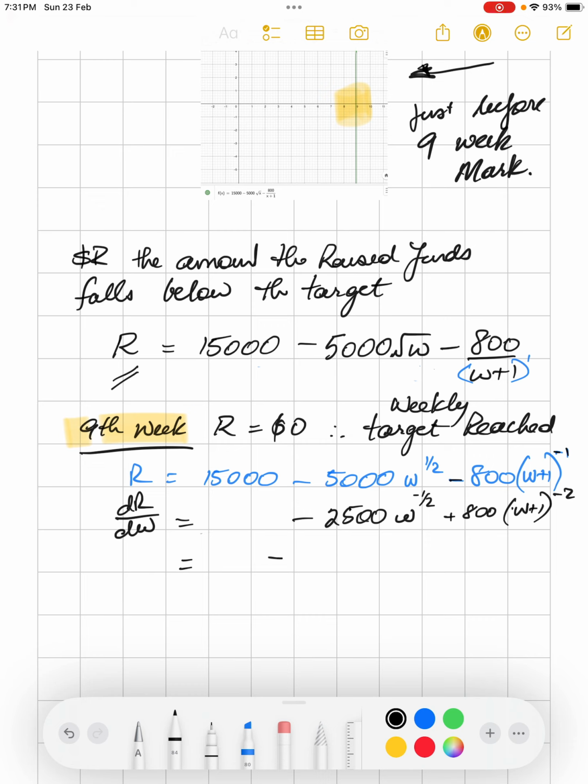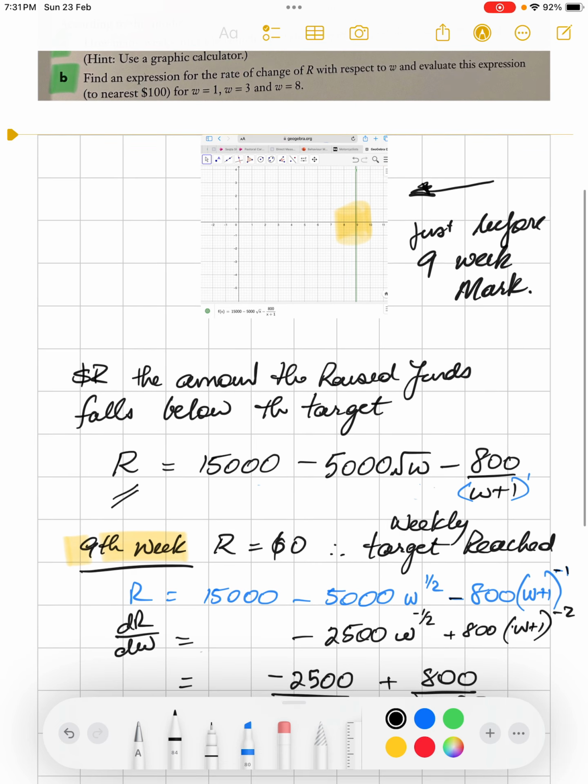So we've got negative 2,500 over square root of W, and we've got 800 over (W plus 1) squared. And there is our expression. If you want, you can write it the other order, but that's fine.